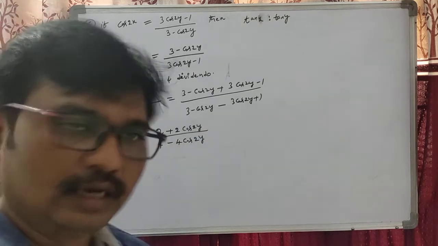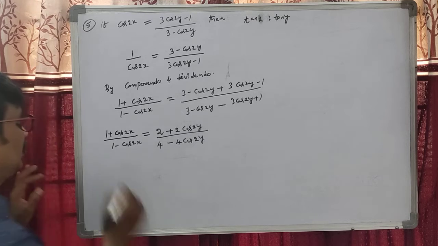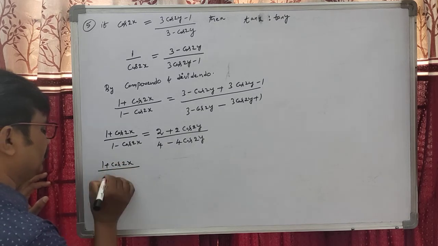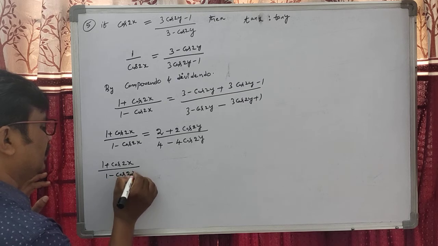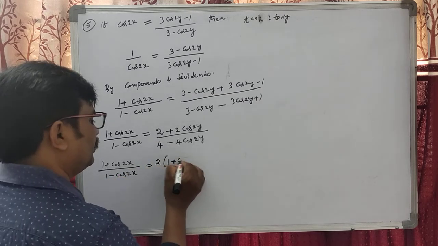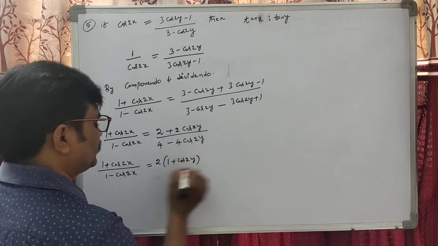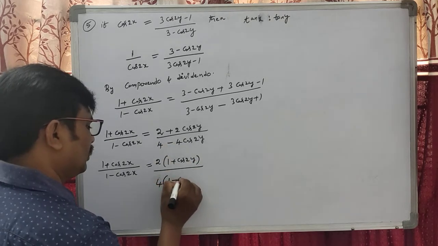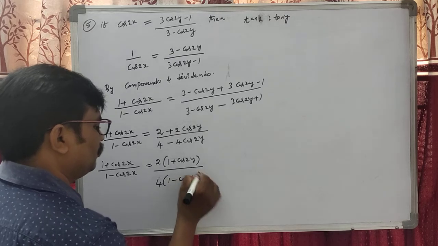Okay, students, right now we can write 1 plus cos of 2x by 1 minus cos of 2x. This is, students, 2 is the common, 1 plus cos 2y, 4 is the common, students. This is 1 minus cos of 2y.